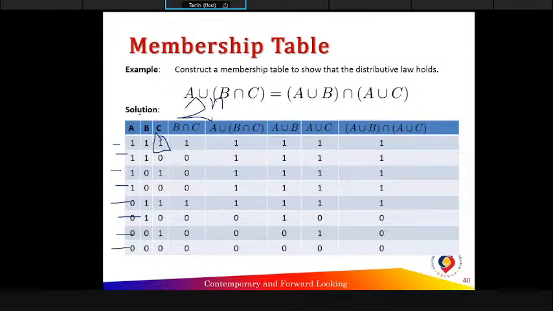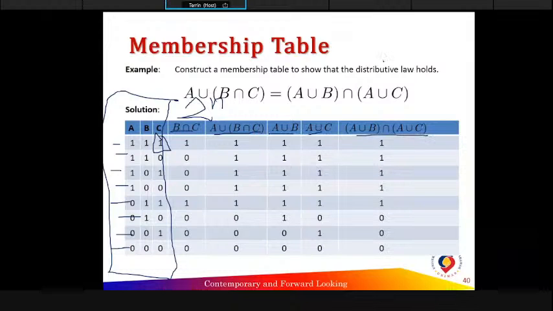And then what we do is, these first 3 columns represent the individual sets, and the subsequent ones we see here represent the individual relationships, or the individual operations within each side of the equation sign.